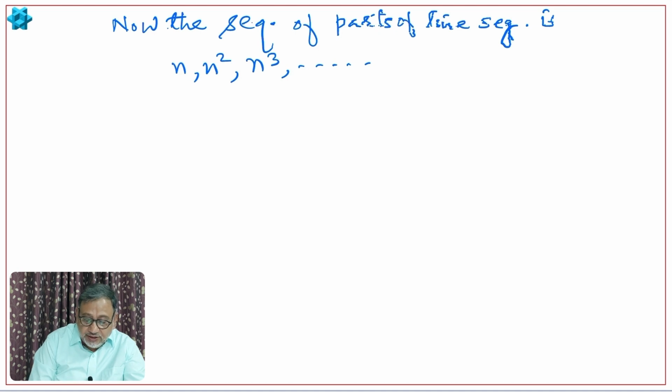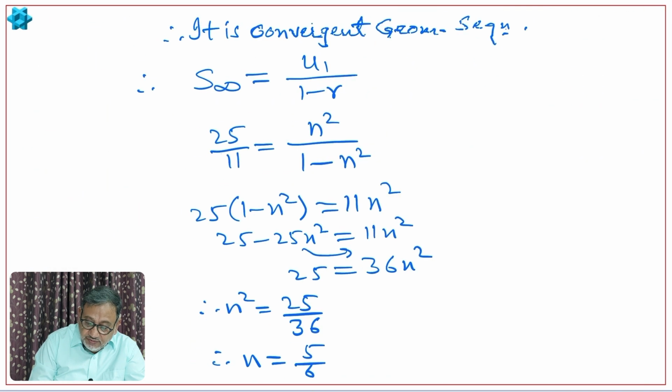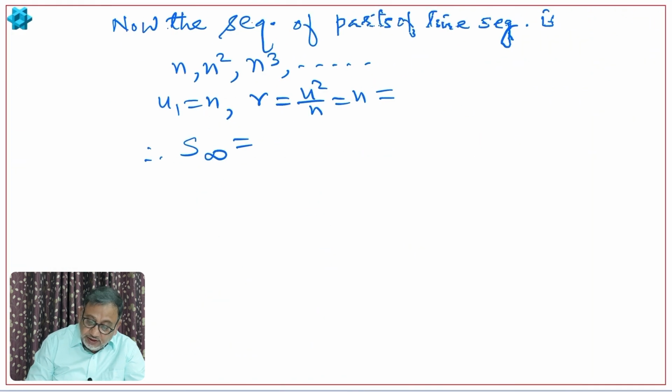Okay, again this is an infinite convergent geometric sequence, so therefore S infinity we can write from this. In this, let me write u1 and r. u1 is n, r is n square over n, which will be n, okay, and the value of n we already found, 5 by 6.